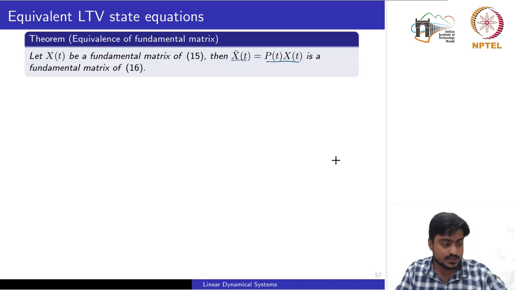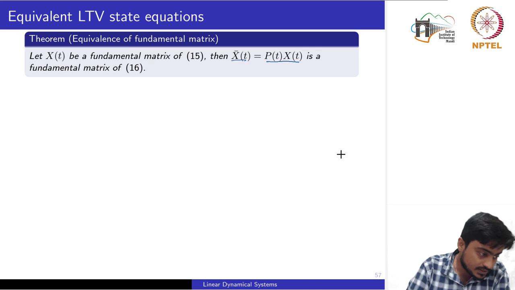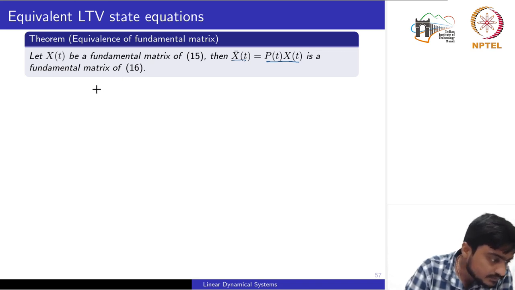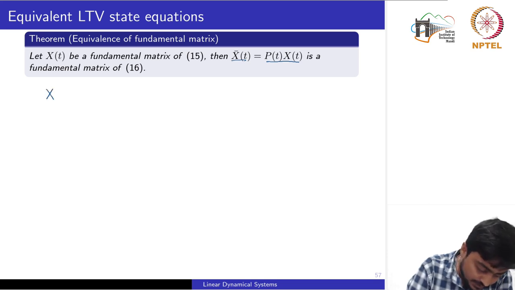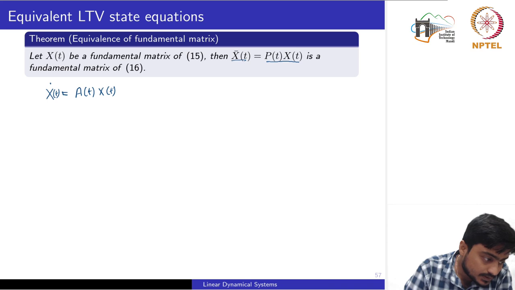We can show this result very quickly. We know from one of the properties of the fundamental matrix that the derivative of the fundamental matrix is equal to A(t) X(t).